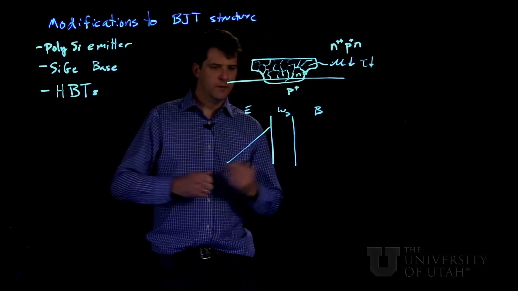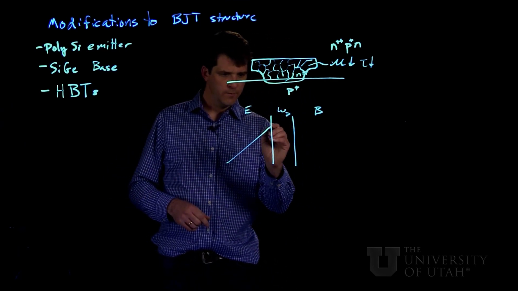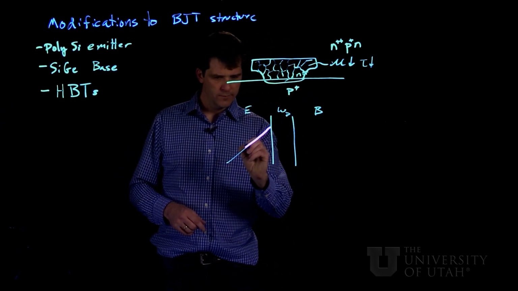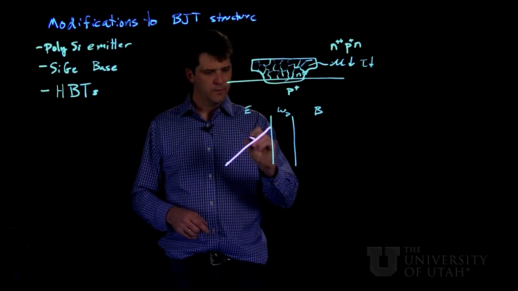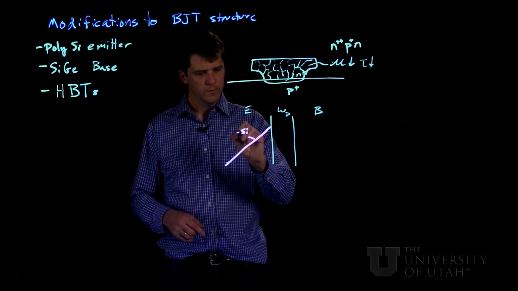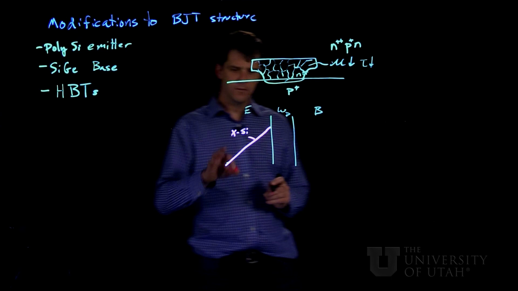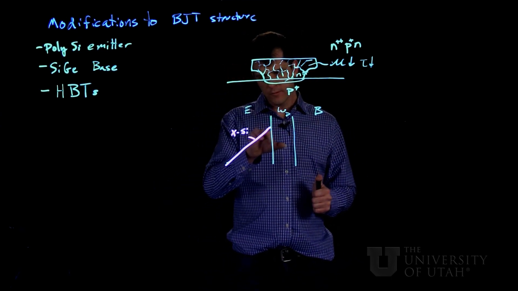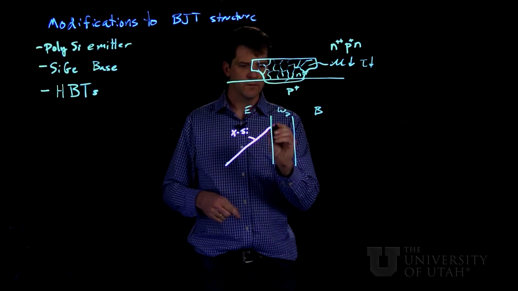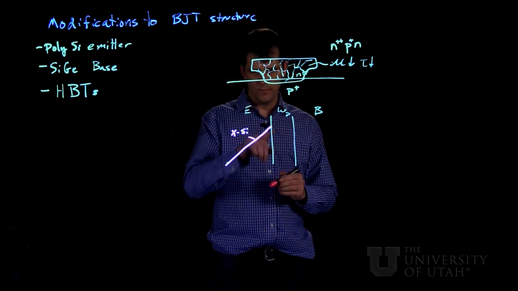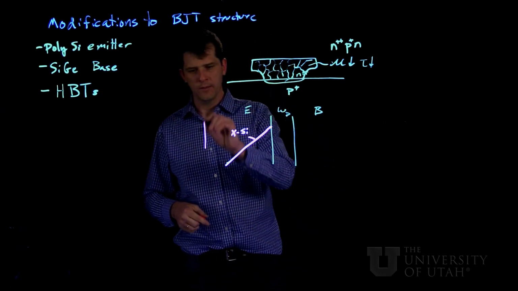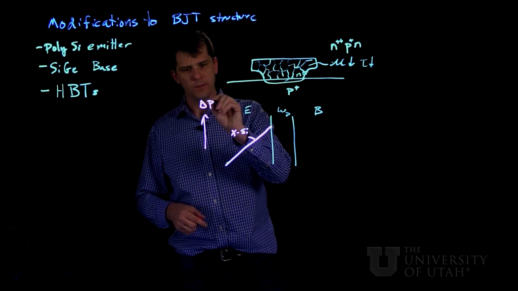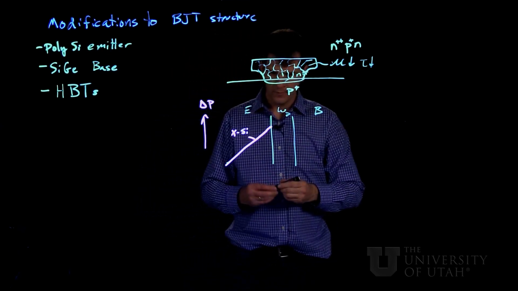So if the entire emitter region is crystalline, designated by the X there, you have a certain slope to this plot, because we're plotting the delta P on a log scale versus distance.